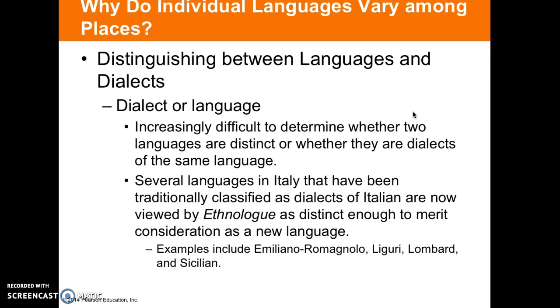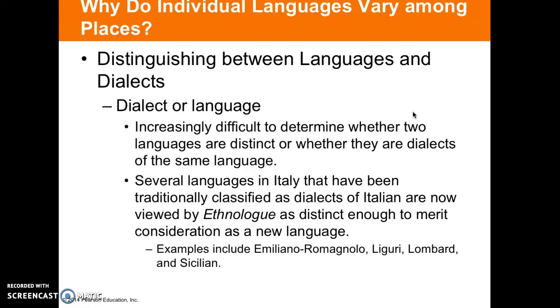So how do you tell between a language and a dialect? It can be difficult to determine whether two languages are distinct or whether they're dialects of the same language. That's because if you have two language speakers from regions that are close together, this language might be mutually intelligible, so it'll feel like a dialect.